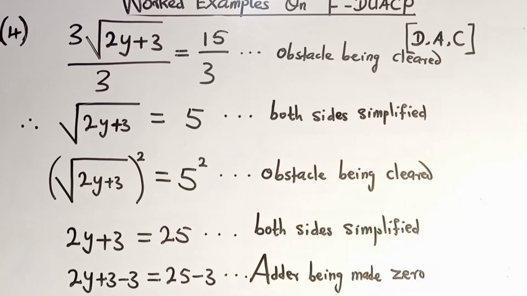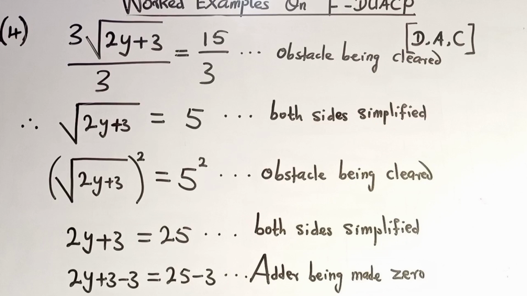Students, how many things have been done to ensure that this next skill, which is making the adder become 0, can be applied? The main adder we are talking about is not any other adder we have met before, but this adder, which is 3, which has always remained with this 2y to this point. We have seen up to 3 obstacles.